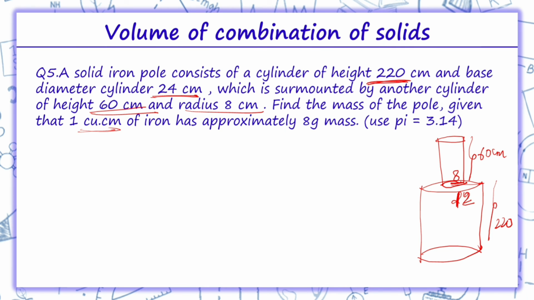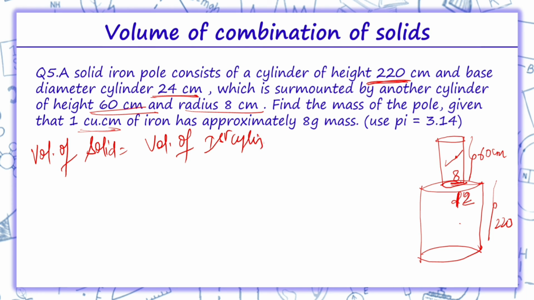So over here we have to calculate the volume. The volume of the total solid will be the volume of the first cylinder plus the volume of the second cylinder.